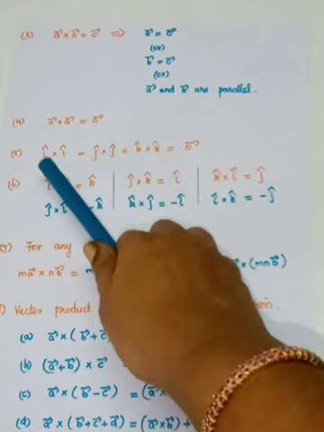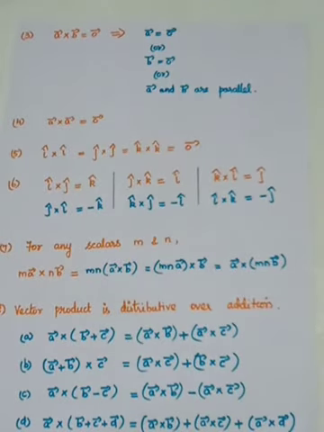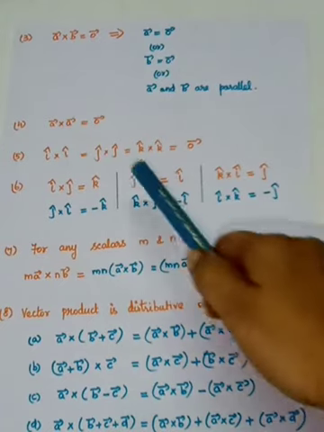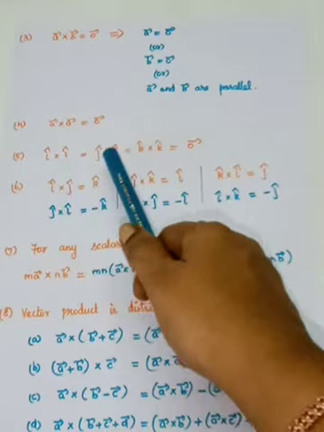In the same way, what is i vector cross i vector, and j vector cross j vector, and k vector cross k vector? That is equal to 0 vector. Why? They are equal vectors. The cross product between them is 0 vector. We have seen here, what is i cap, j cap and k cap?